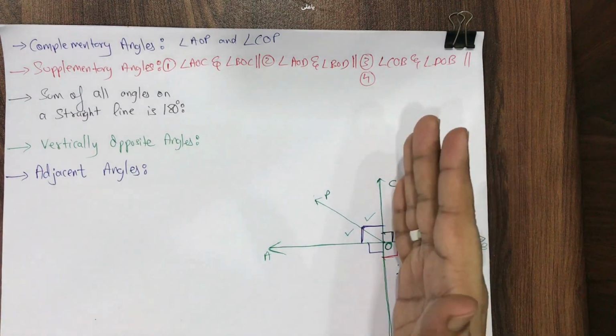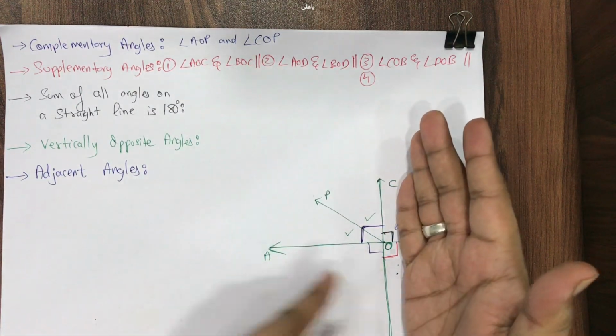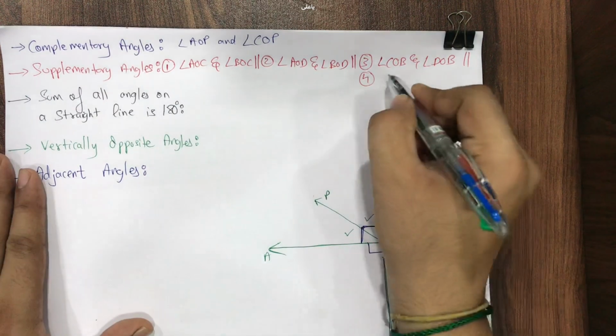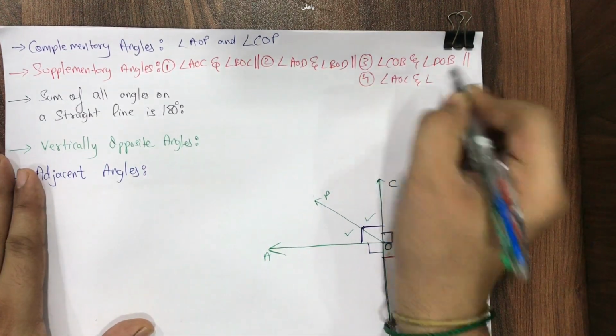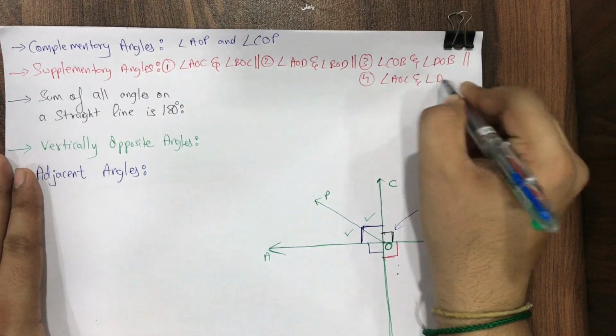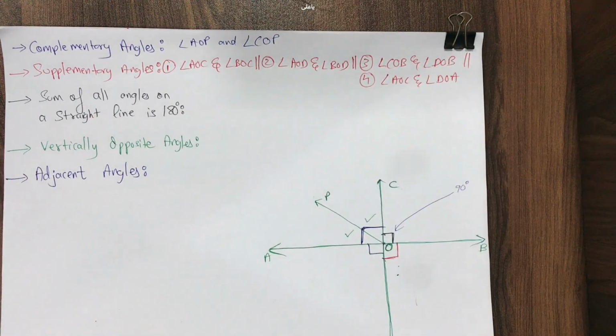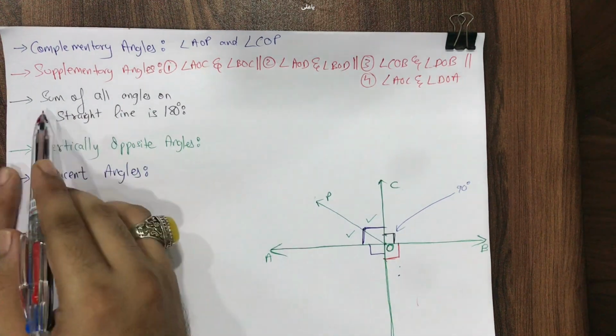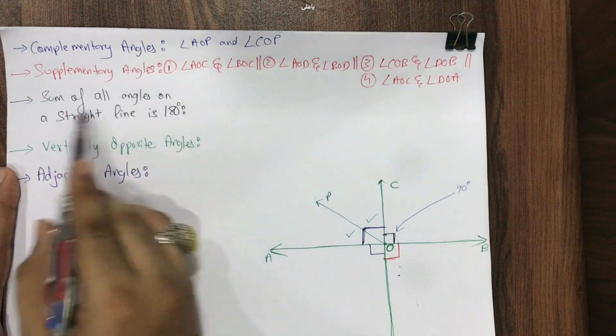If I keep my hand like this, AOC and DOA. These are supplementary angles.